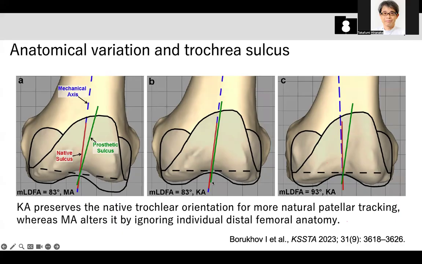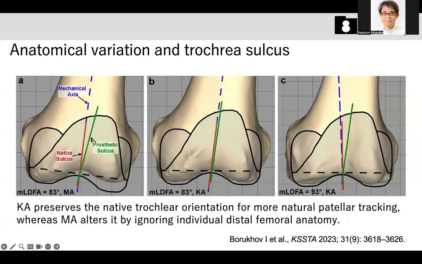This is the 93 degree one, with a slightly bulbous impression of the distal femur. With MA, the prosthetic sulcus comes to the lateral, but the native sulcus and mechanical sulcus differ.